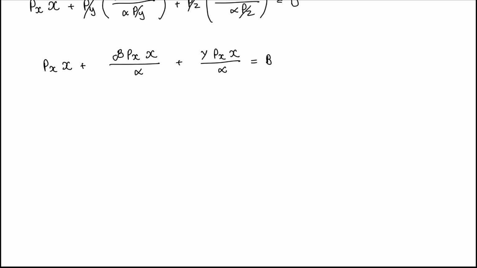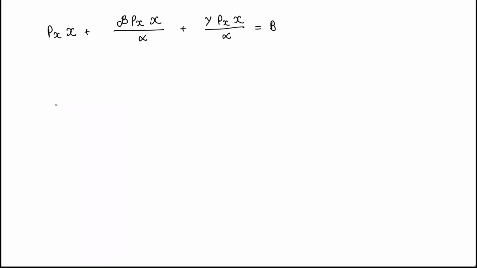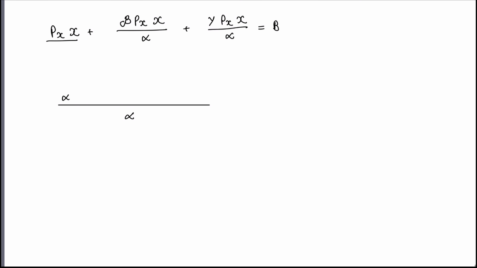If I now make alpha a common denominator, I had to multiply the first term by alpha, so we get alpha px x plus beta px x plus gamma px x, all over alpha, is equal to b.